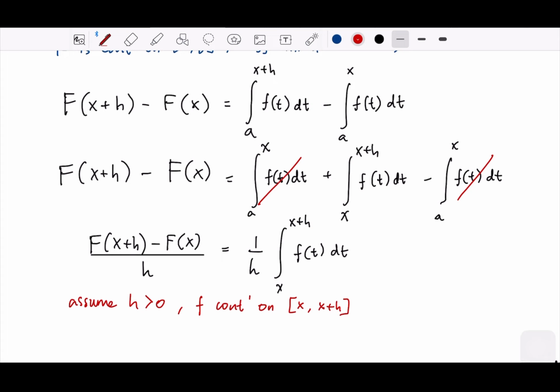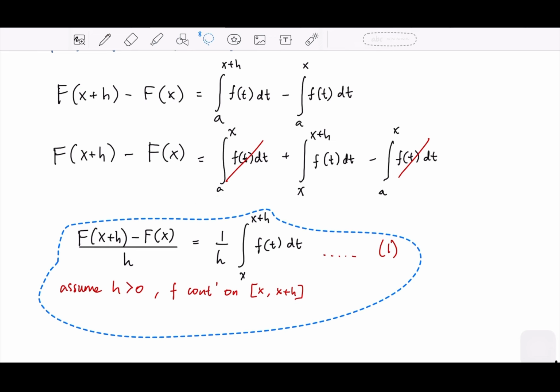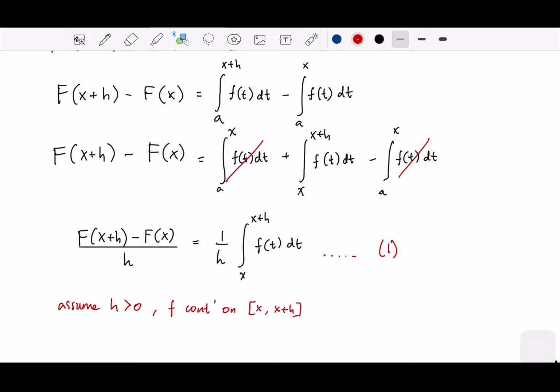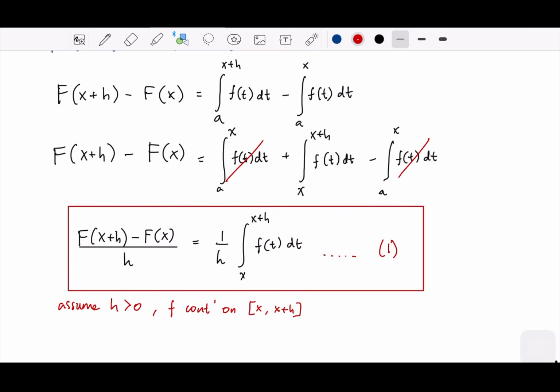Okay, let's state this as equation 1. Let me make it clear here. Okay, why do we need this expression?